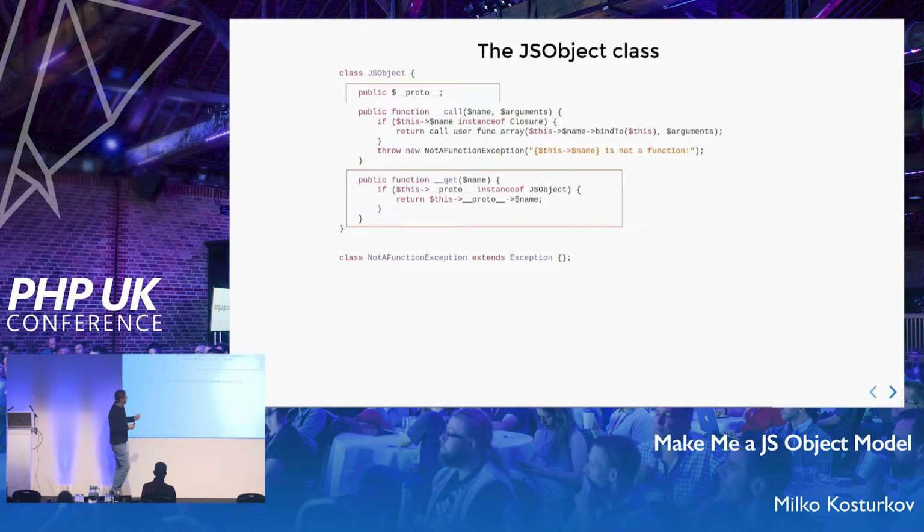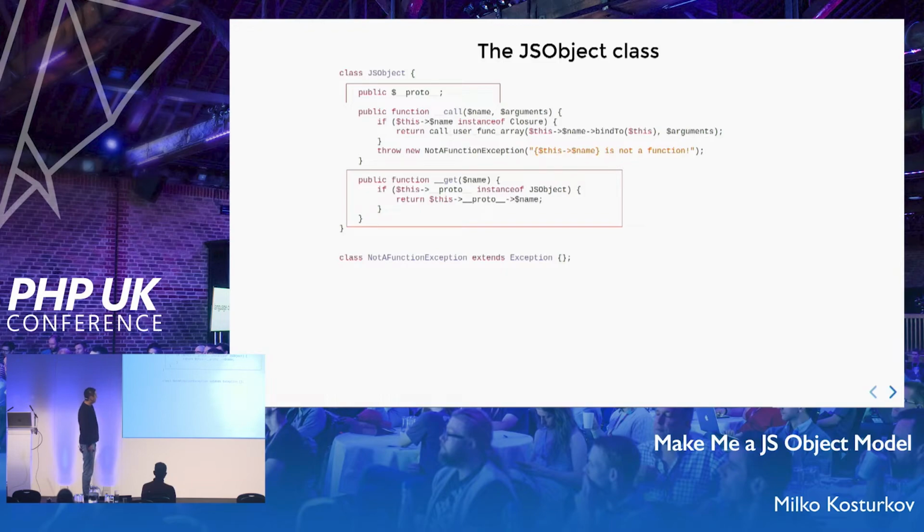So what we're going to check is, is our prototype an instance of JS object? This will blow up because I didn't write isset, but you get the picture. We check whether we have a prototype set and whether it's an instance of JS object. And if it is, we pass on to the prototype and return whatever there is.